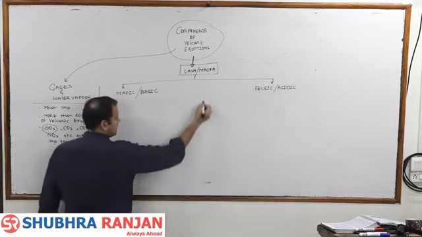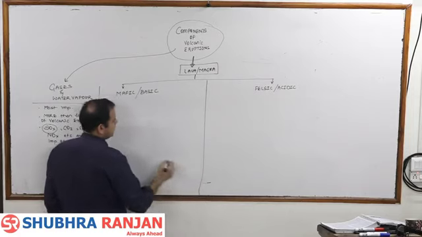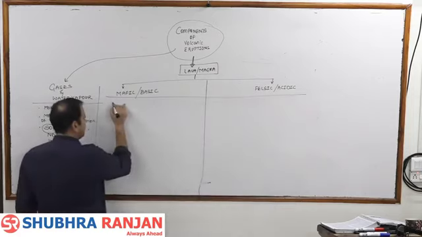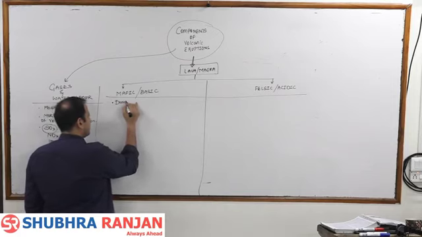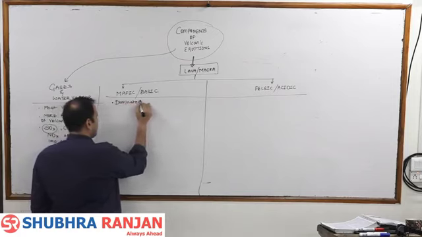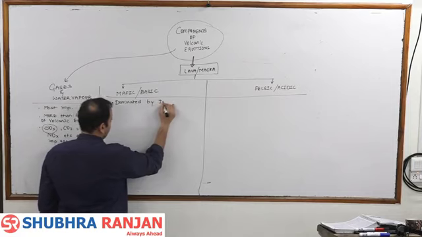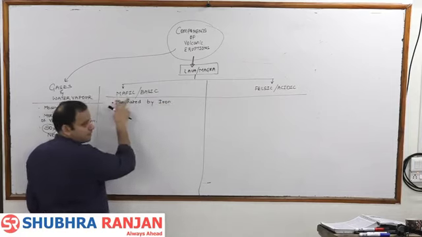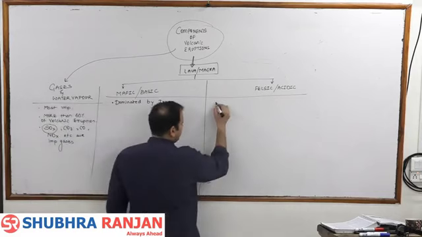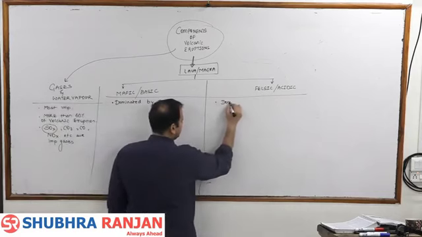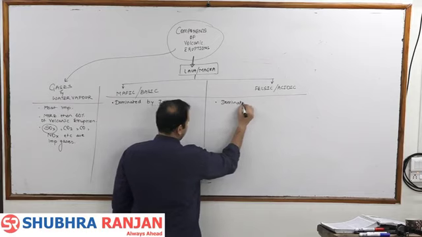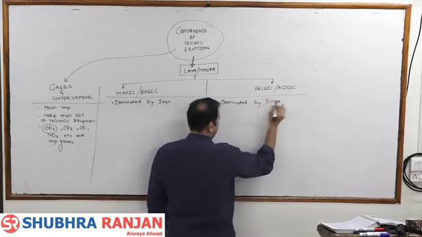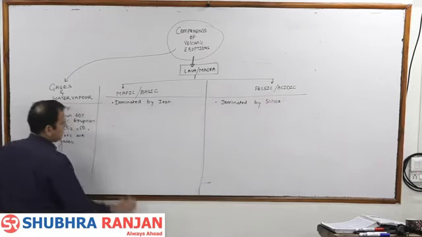Why is the difference? The difference is because it is dominated by iron. इसीलिए word is mafic. ये it is dominated by silica. इसलिए the word is felsic.